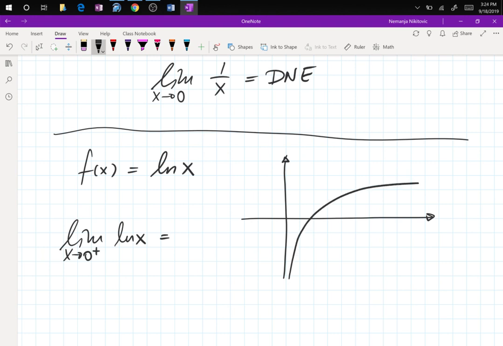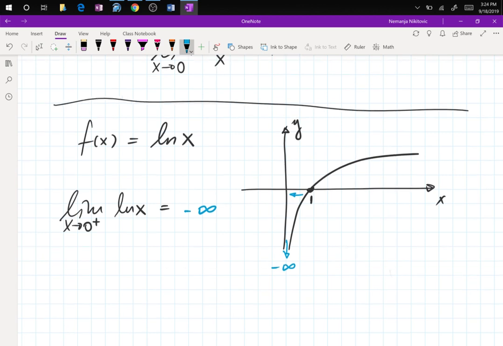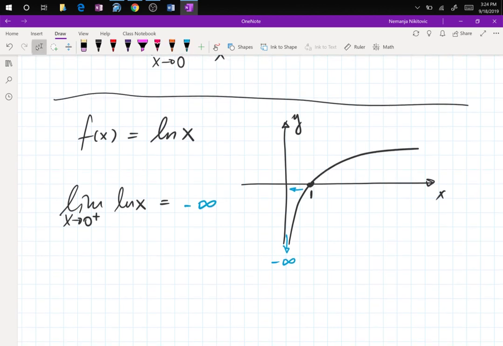It looks like that and goes through 1 over here. This is the standard graph for ln x. You only have the Romeo approach, from the right, and it clearly goes down to negative infinity. So in our section 2.4, infinite limits, the answers are one of the infinities.